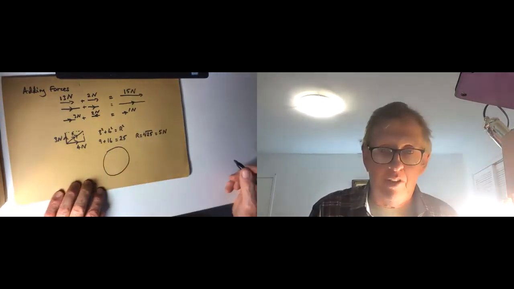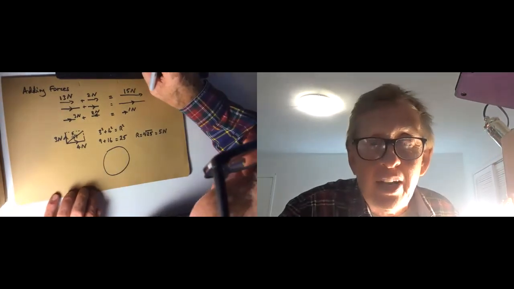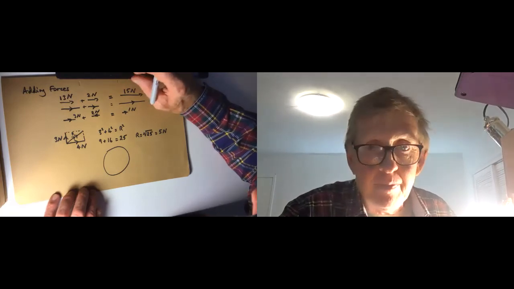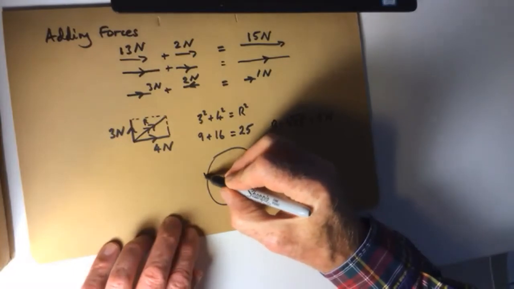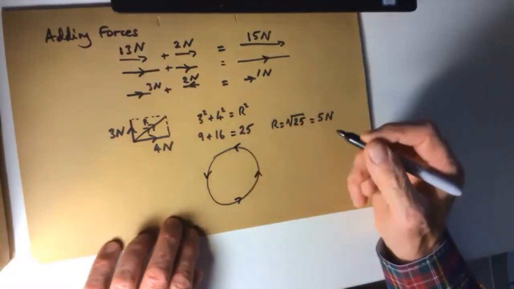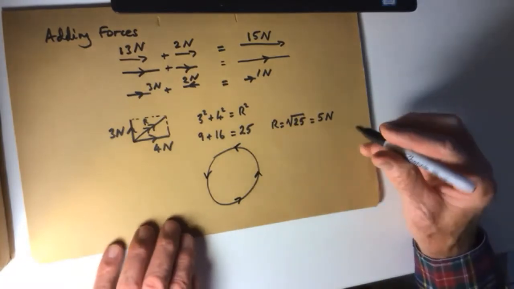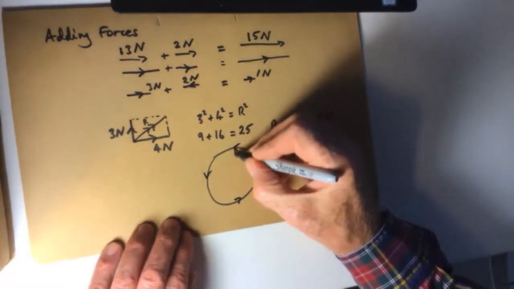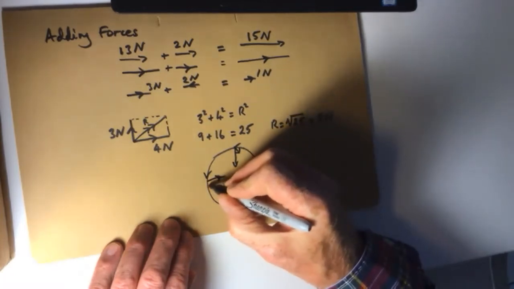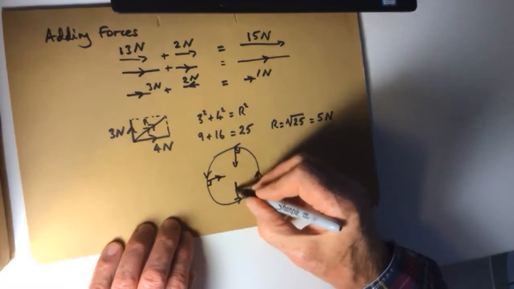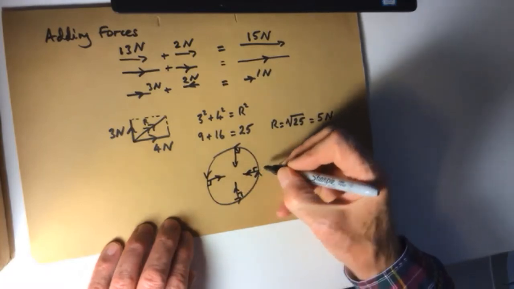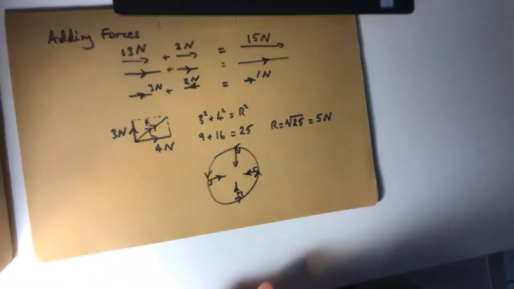If our object is moving in a circle, then what's going to happen? If our object's zipping around here in a circle, the force to make it move in a circle is acting at right angles and is acting towards the center. If it's moving in a circle, the force is acting inwards.